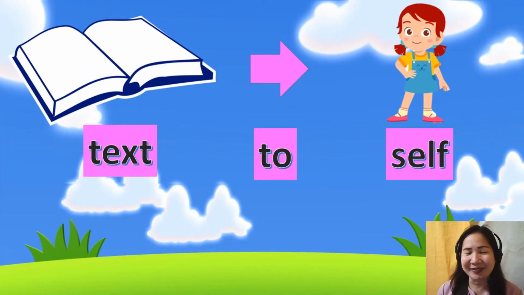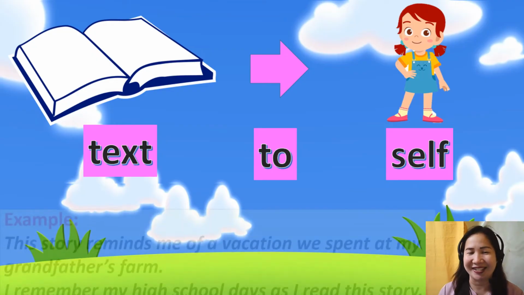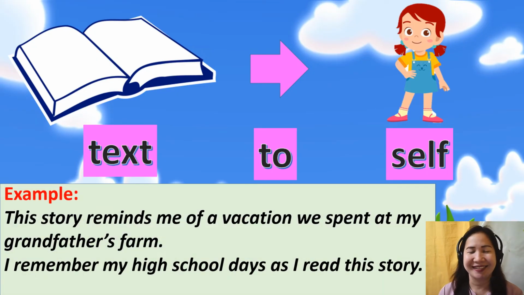Let's take a look at these examples for text-to-self connection. The first one is, this story reminds me of a vacation we spent at my grandfather's farm. Number 2, I remember my high school days as I read this story.